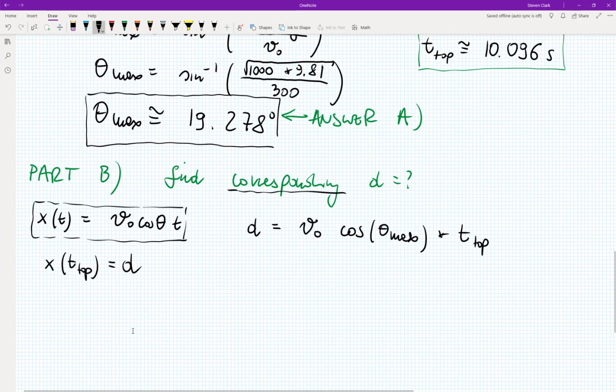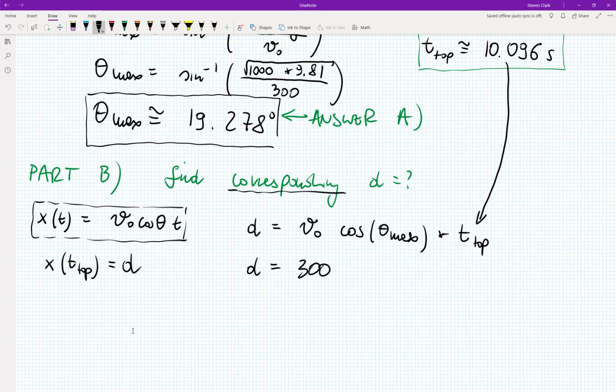Okay, and now we know everything, and we can solve this problem. So d will be 300 times cosine of 19.278 degrees times what we just found, 10.096.